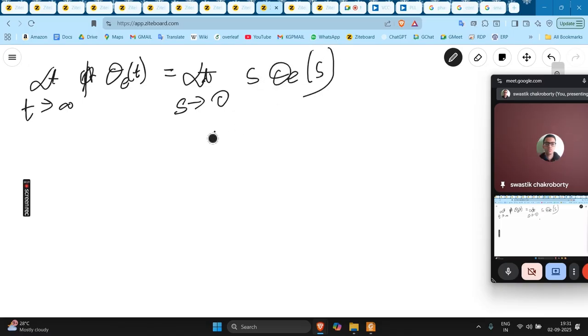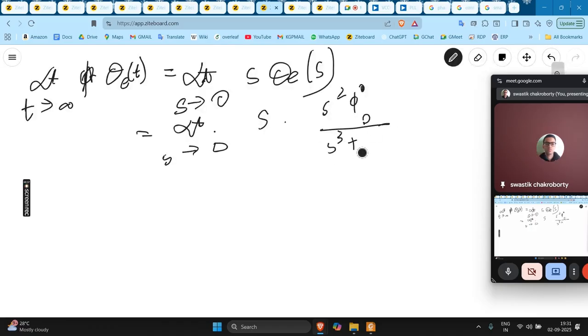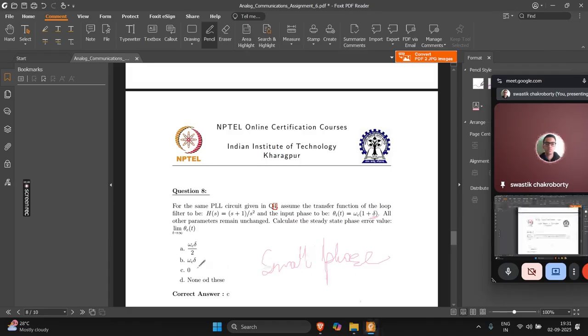So we will just put limit s tends to 0, s into s square phi naught by s cube plus s plus 1. If you put this, the answer will come 0. So the correct answer is 0. There is no steady state phase error.